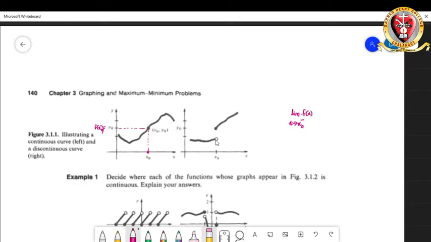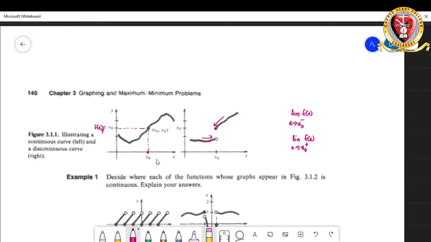That is, the left limit exists, and that limit value will be the point here. Also the limit as x tends to x naught plus of f of x exists. The limit value will be the point here. This is the right limit, and this will be the left limit.